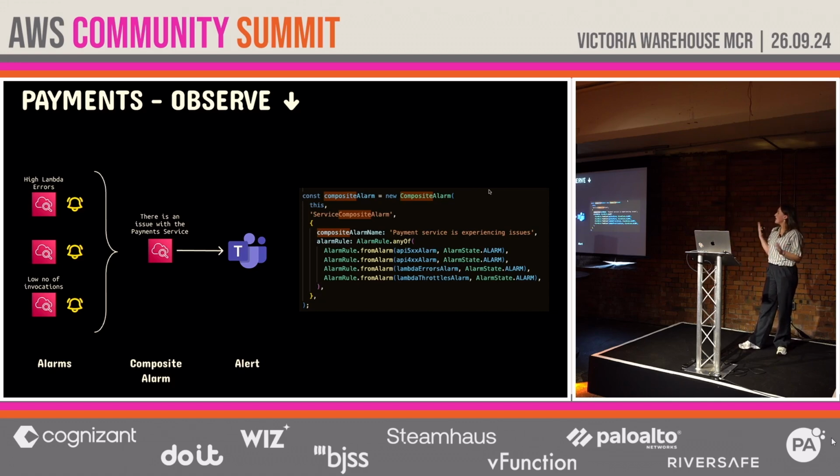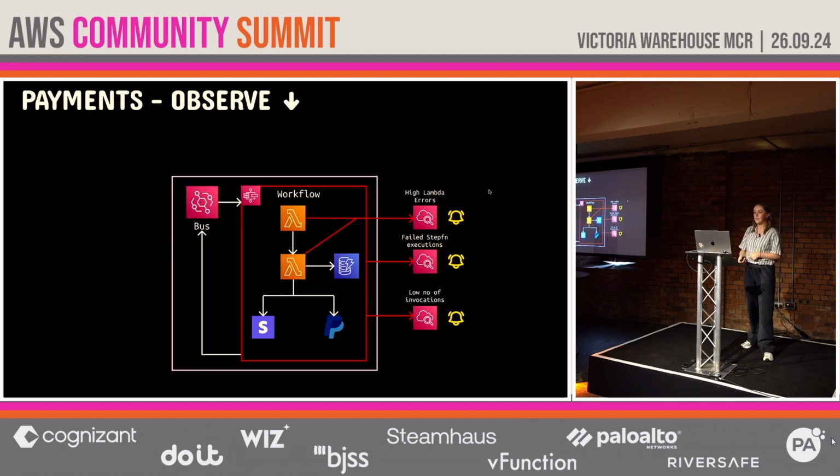A really nice thing that I've been doing recently is using composite alarms. Let's say that the third party went down in this scenario, then you're probably going to get high Lambda errors and failed step function executions and a low number of invocations, and the Teams channel is going to be going crazy and you don't know what the problem is.